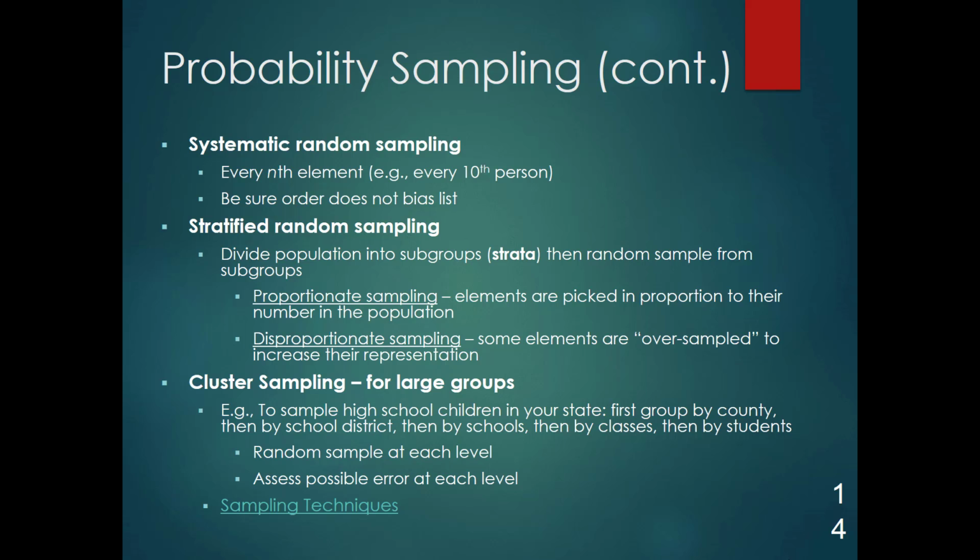At the first cluster, let's say by county, you would randomly select counties, and then from those selected counties, you're going to randomly select school districts. Then you're going to randomly select schools within those selected school districts. And then you're going to randomly select classes from those schools. And finally, you're going to randomly select students from each of those classes. So you would have to do random sampling at each one of those levels.